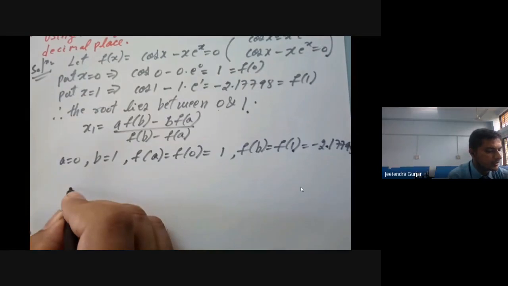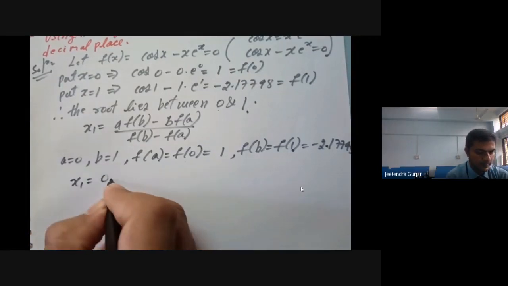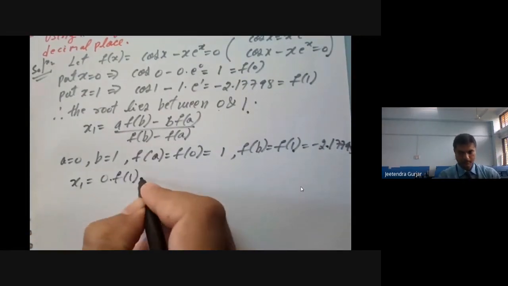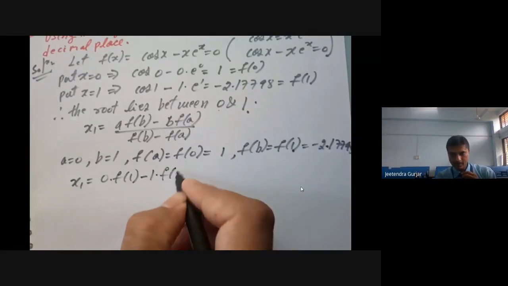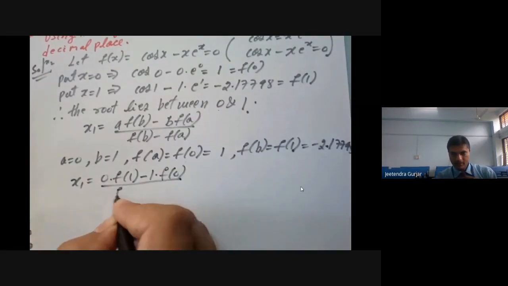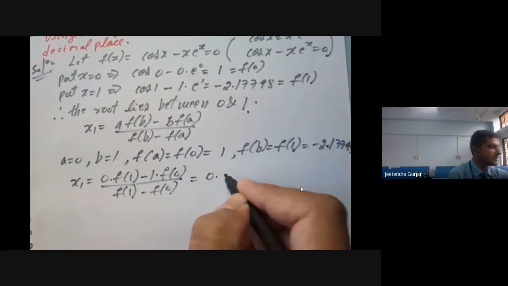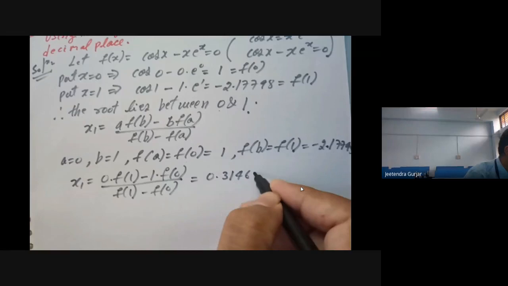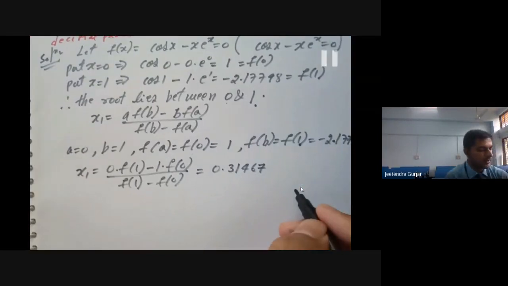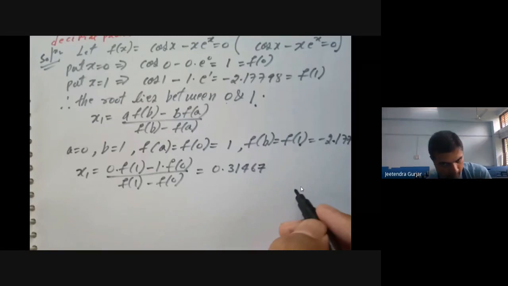Okay. So we get the first approximation. Student, please unmute yourself. Okay, fine. So we'll go with the first approximation. If you substitute the values, x1 is equal to 0 into f of 1 minus 1 into f of 0, divided by f of 1 minus f of 0, which is equal to 0.31467.